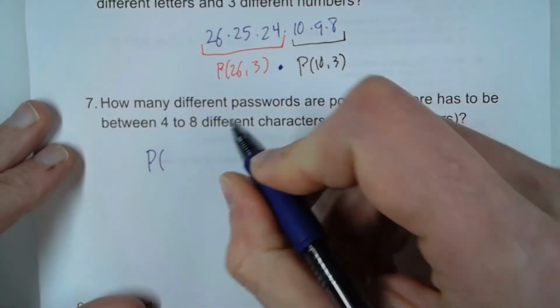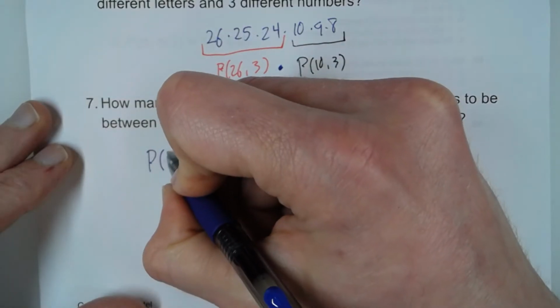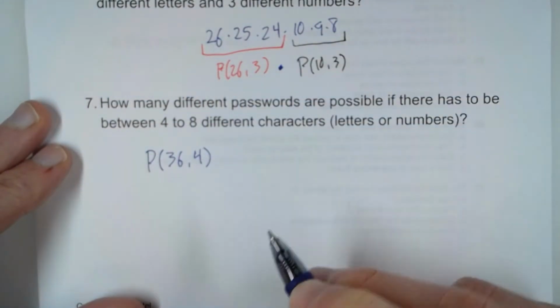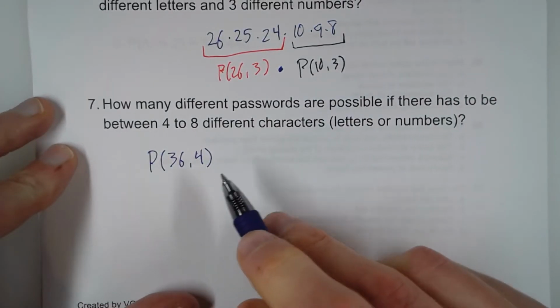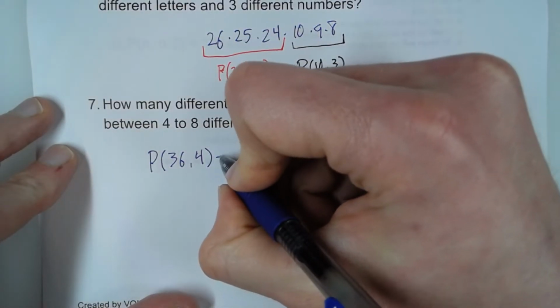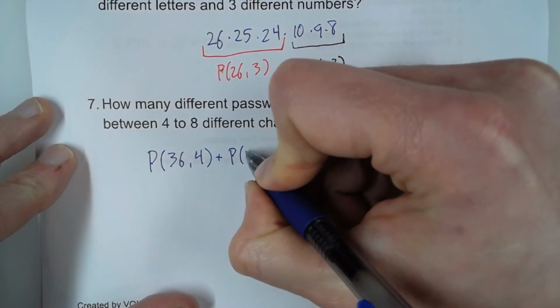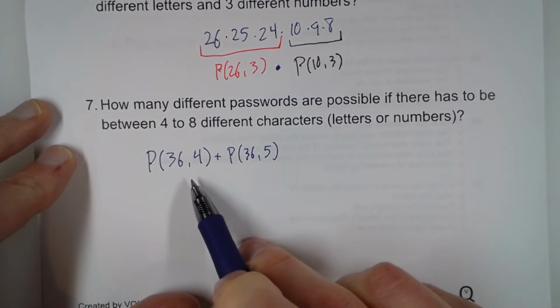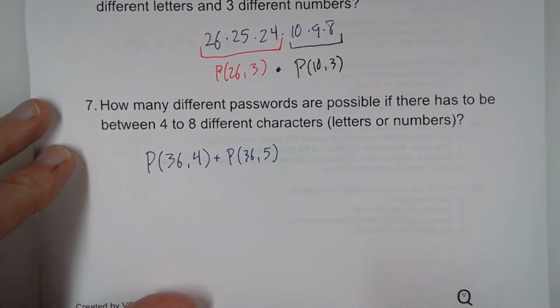So if I just said if there were 4 characters, we would have P(36, 4). But then we have to include, well, what about the passwords that are 5 characters long? Then it's P(36, 5). And these are different passwords, so we have to add them.